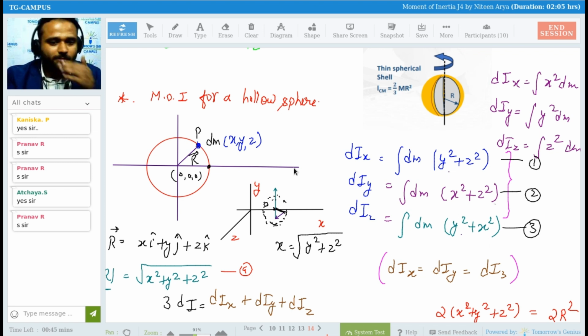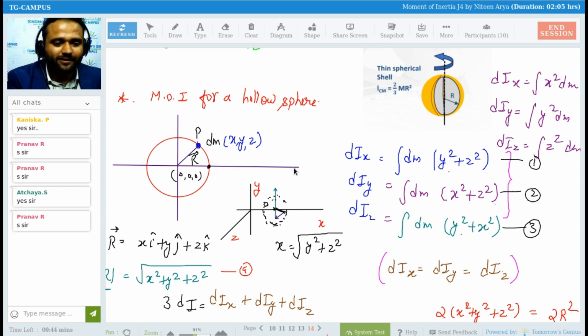And from the symmetry, because we have one hollow sphere, I can directly equate dIx, dIy, dIz. Clear? Just a minute. So from symmetry, because it is only one hollow sphere, I can do this.